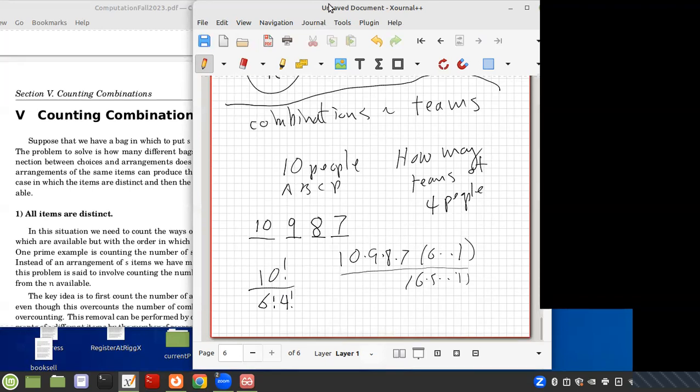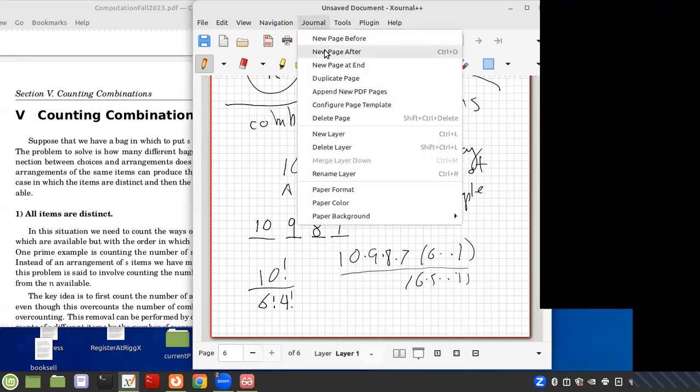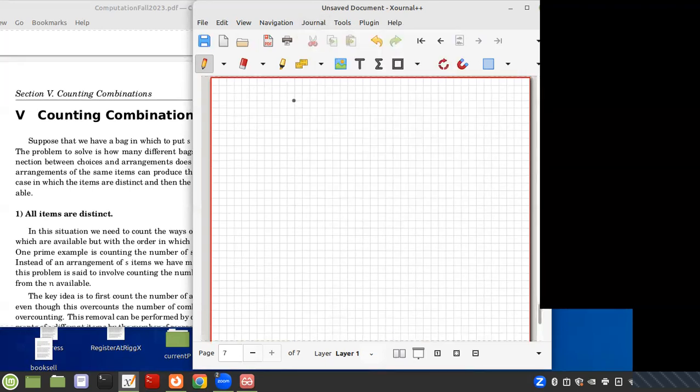So the answer is, if you count combinations, if I have n items and s positions in a group, how many groups of size s?